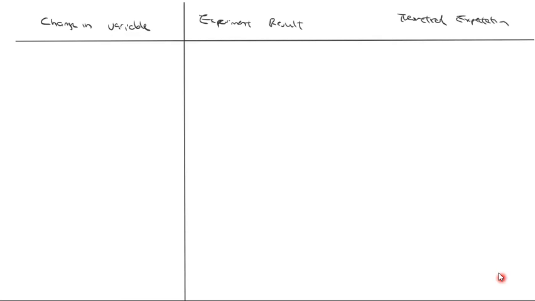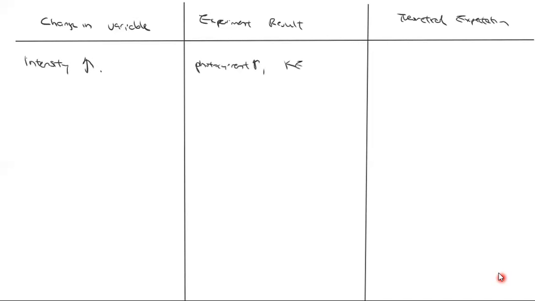So what we found was that if we increase the intensity, the experimental result was that the photocurrent increased and Ke max unchanged. Well, we were expecting, based on our theory, that Ke max would go up, and the photocurrent probably wouldn't really increase. But the key thing was we expected Ke max to go up.